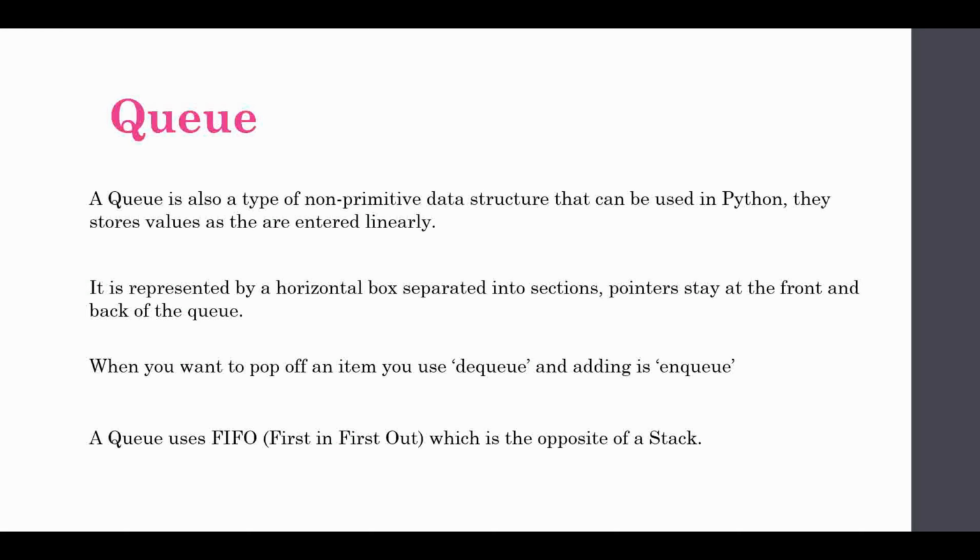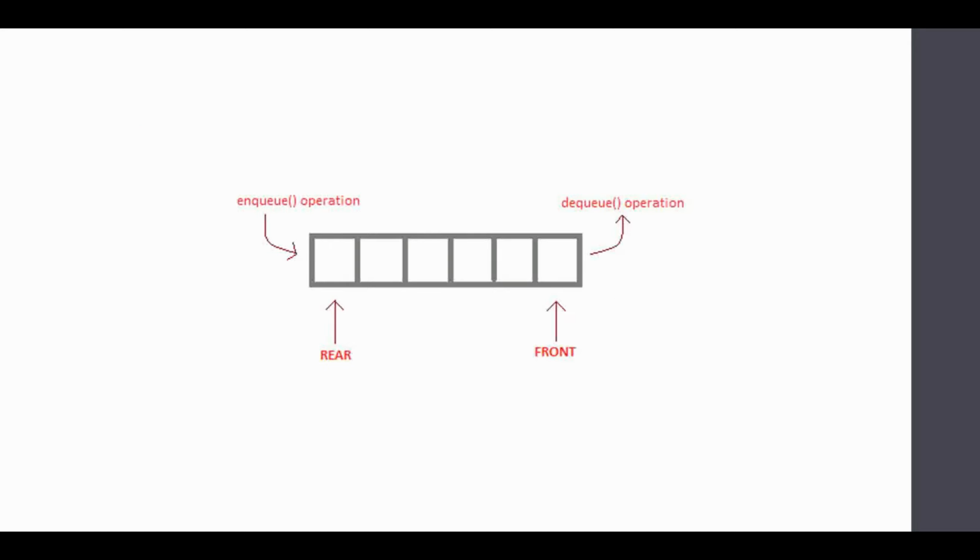Think of it like a snake, where you've got the head and the tail. When you want to pop off an item, you can use dequeue, and for adding you can use enqueue, which is the same as popping and pushing. A queue uses FIFO, which is first in, first out, which is the opposite of LIFO, which was for stacks. So as you can see, this is an example of a queue.